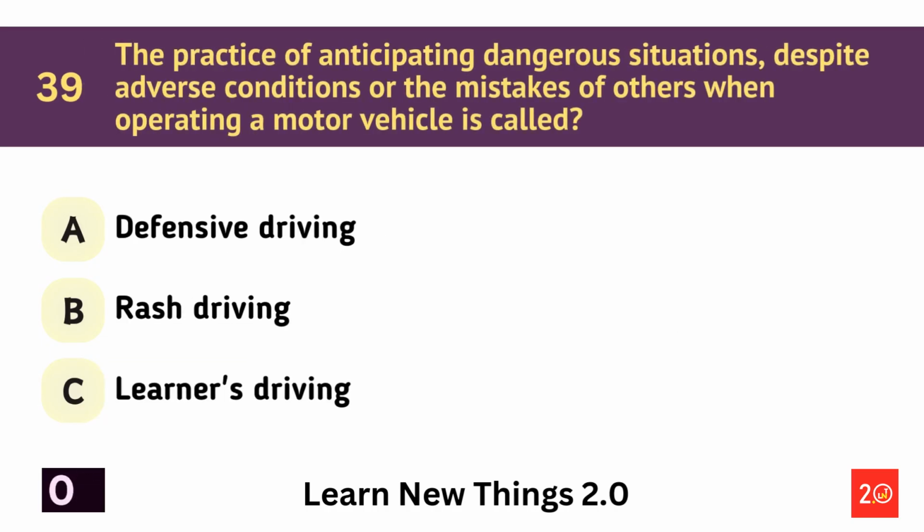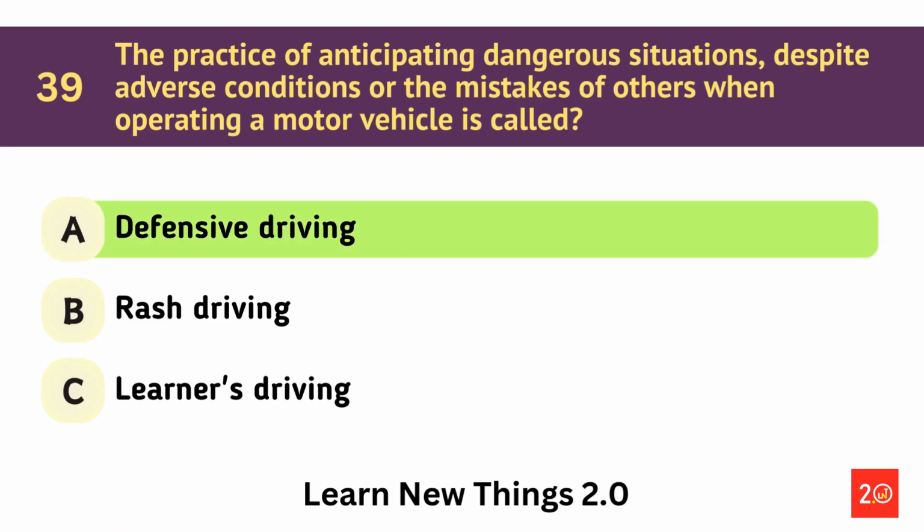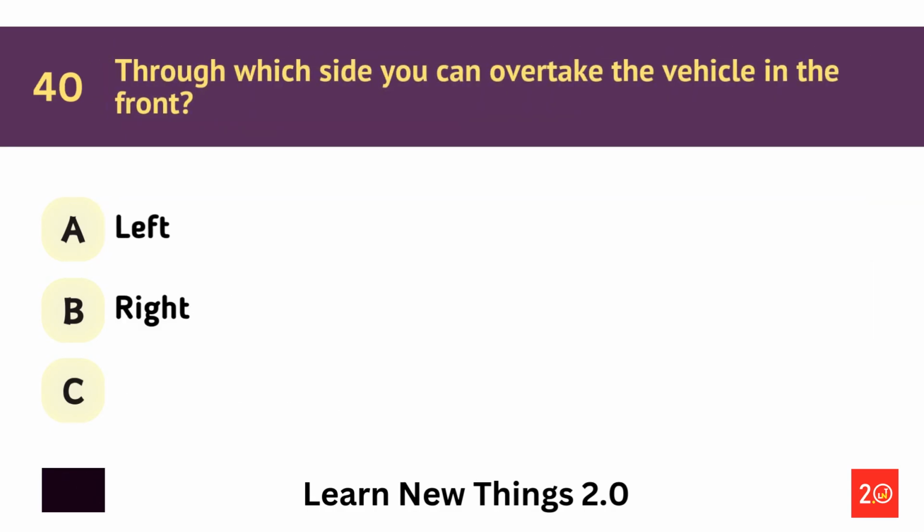The practice of anticipating dangerous situations despite adverse conditions or the mistakes of others when operating a motor vehicle is called defensive driving. Through which side you can overtake the vehicle in the front?